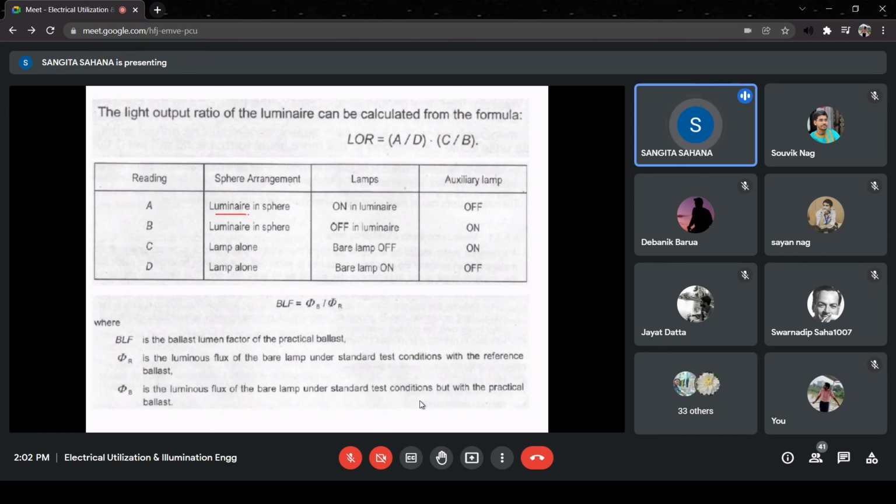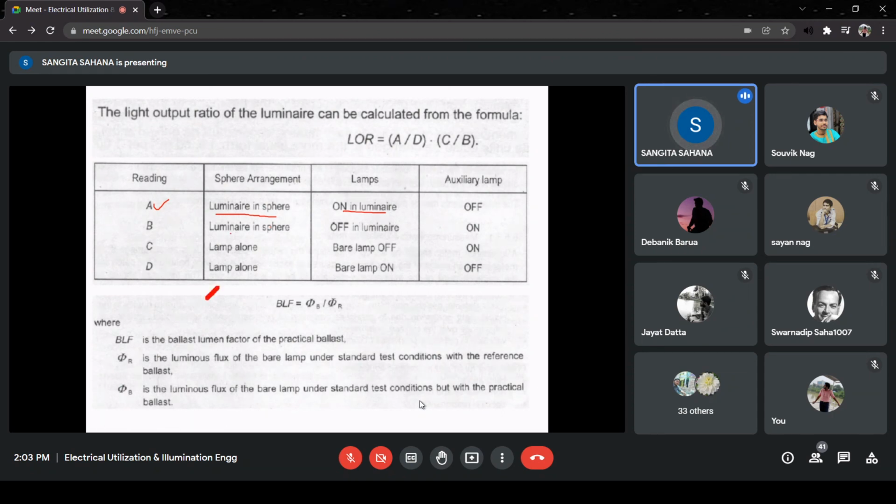just place the luminaire inside the sphere. The lamp is on inside the luminaire. Auxiliary is off. The reading is A. Then the luminaire, now the luminaire dimension and the lamp dimension, of course, those are different. So now we have to use the auxiliary lamp.